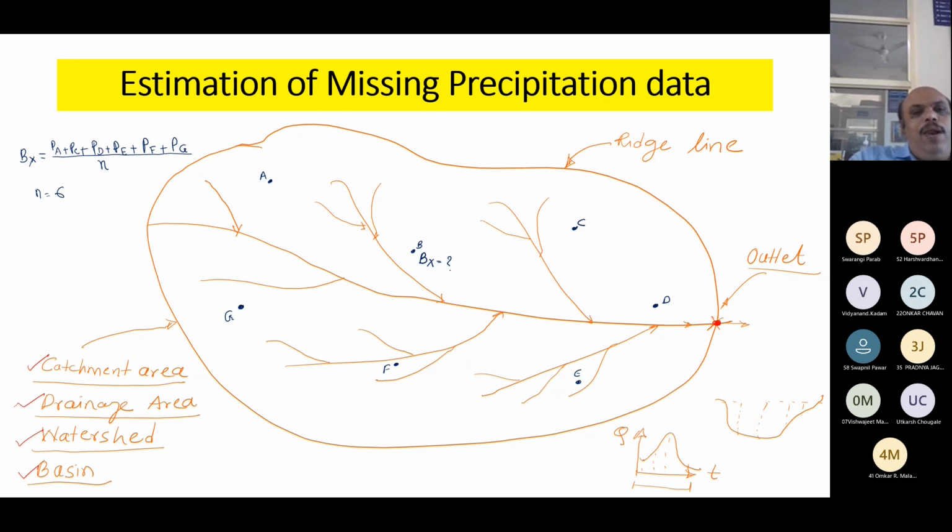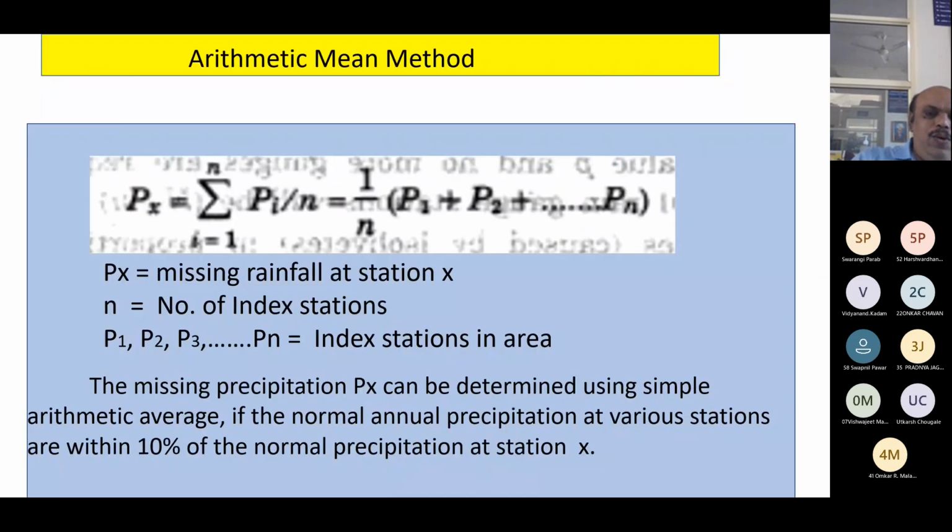So if the normal rainfall values of stations A, C, D, E, F, G are nearly equal to the normal rainfall values of station B, if difference between these two values is less than 10%, in that case only we can use this arithmetic mean method. Okay, so this is about the arithmetic mean method.